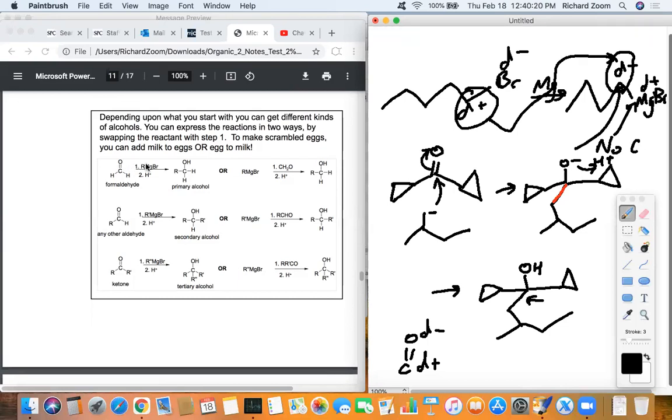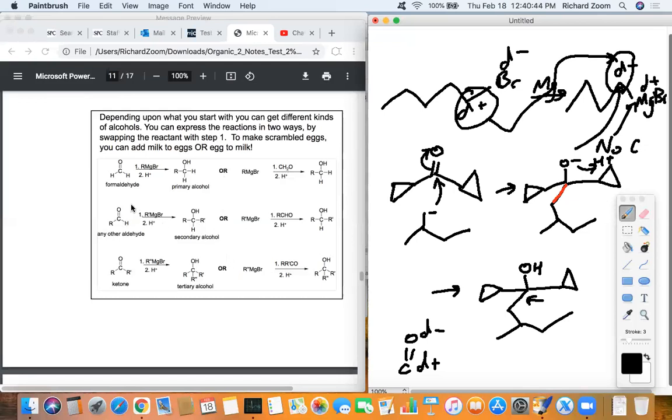Effectively, it's the first step, and it's like I've got here. If you want to make scrambled eggs, you can add milk to eggs or eggs to milk. It doesn't really matter. So the first step is interchangeable, is what I'm trying to say there. So these things above the arrow here were the things that were in front of the arrow in the first example. That's why I've got the or here.